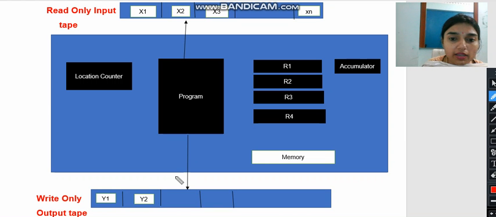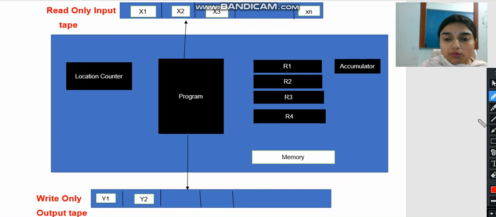In the same way जब हम output लिखते हैं तो अगर आपने y2 पे लिखा है तो later on the head will advance to the next location. Also here memory consists of an unbounded sequence of registers, and they are designated as R0, R1, R2, R3, and there is an accumulator which is used to perform the computation.